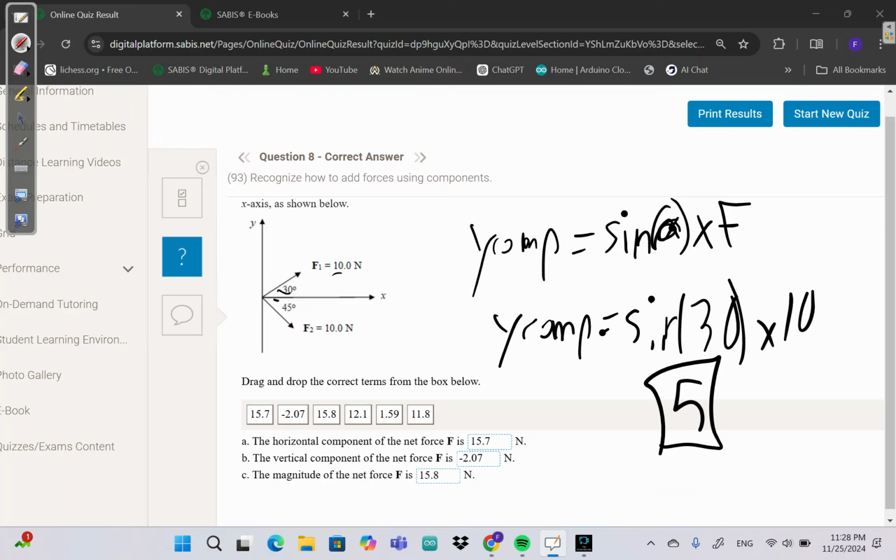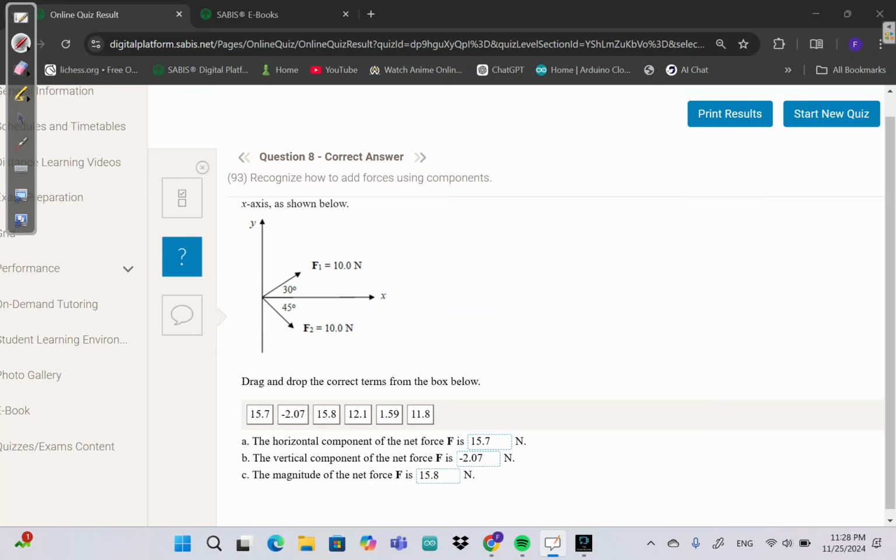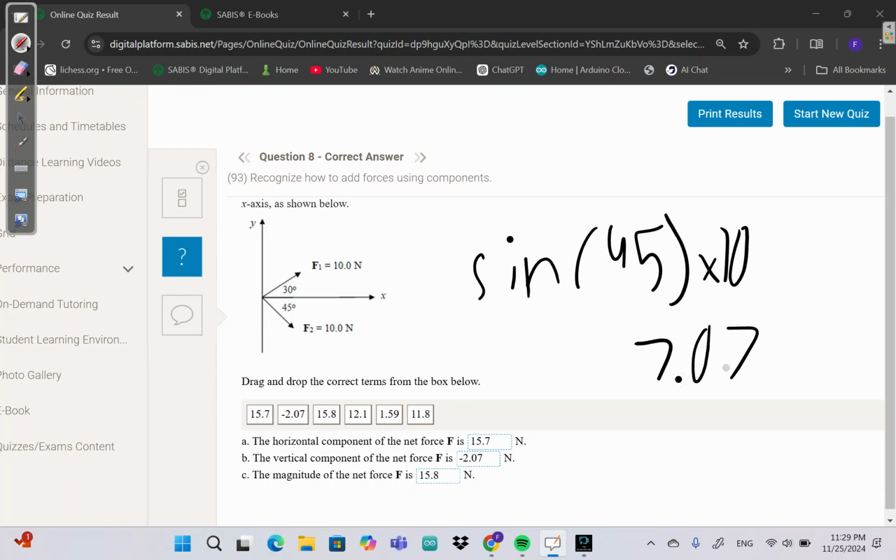For the second one, we have to do the same thing. It's going to be sine of 45 times 10, which on the calculator we get 7.07.